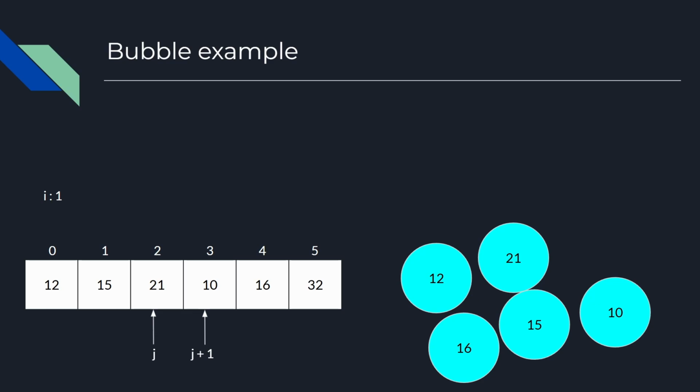But now we see that we will have to perform a swap on 21 and 10. Okay, let's increment j. j is now 3. j plus 1 is now 4. And by checking these two elements, we can say that we will have to perform a swap.